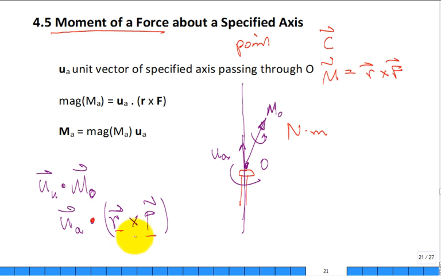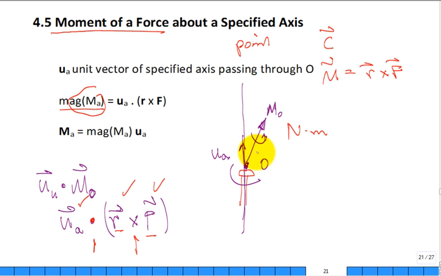When you have the cross and the dot like this, guess what they call that? Not the double, the triple. Because there are three things being multiplied, it's a triple product. That's how you get the magnitude of M_a.